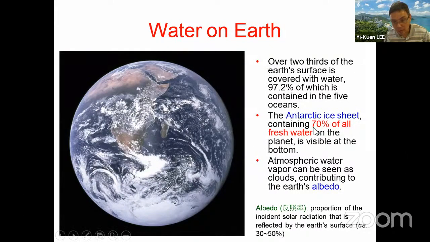If you look at Antarctica, it holds 70% of the fresh water on the planet. Of course, that is ice. So we need to think about how this water can be made useful for us from the Earth. When we look at the water cycle, one important thing is solar radiation.